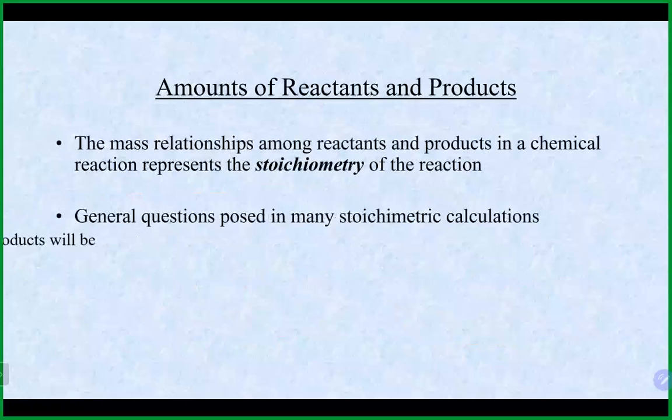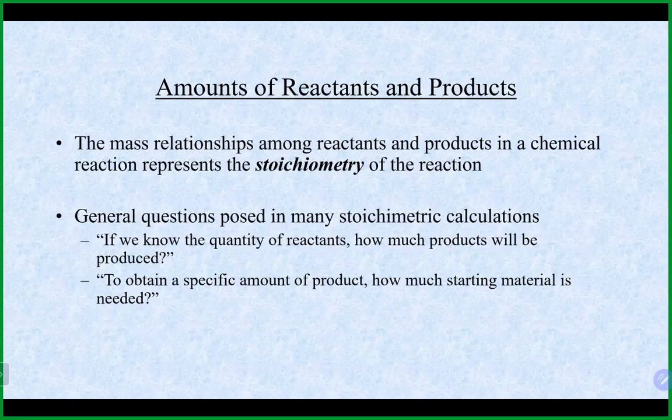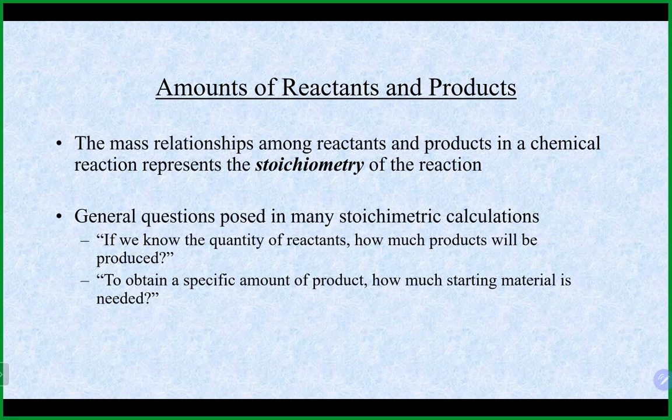Let's talk a little bit about stoichiometry and some of the things that we look at. As I mentioned, using a balanced equation and a mole-to-mole relationship is what's referred to as stoichiometry. You might ask, why do we need to do that? In stoichiometry problems, you're typically given information about one substance in the equation, either a reactant or a product, and you're not really interested in that particular substance.